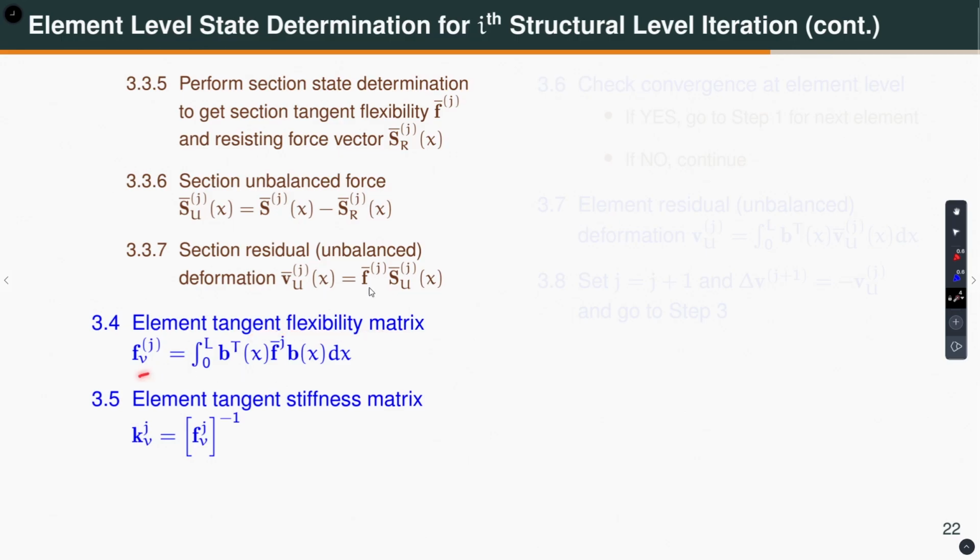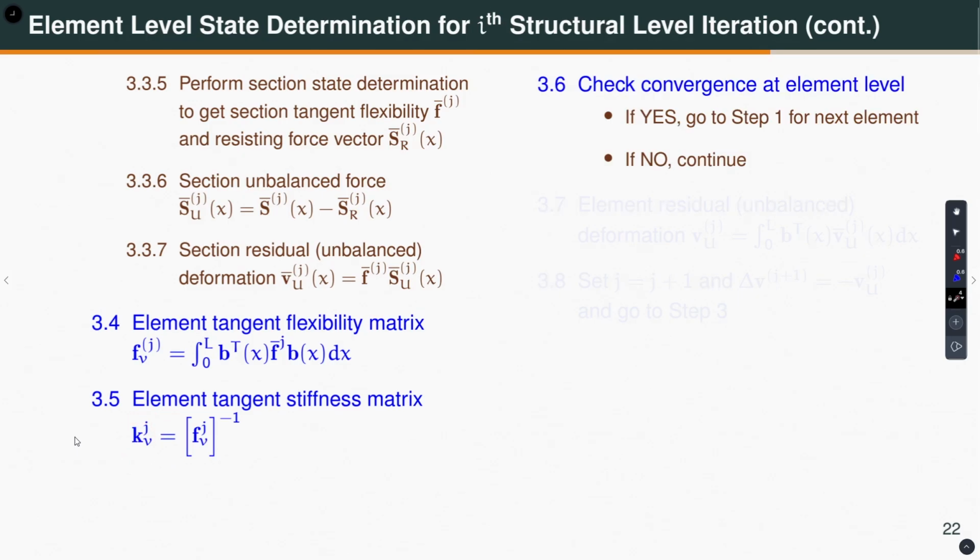So, at this stage, I have determined the section tangent flexibility matrix, which I shall integrate to get the element tangent flexibility matrix. I invert it to get the element tangent stiffness matrix. At this stage, I will check for convergence at the element level. If yes, that means if the convergence is satisfied, go to step 1 for the next element. If not, then continue with the next step.